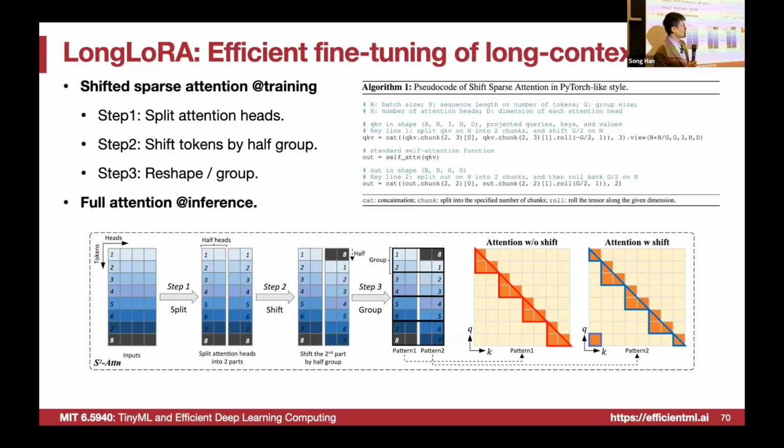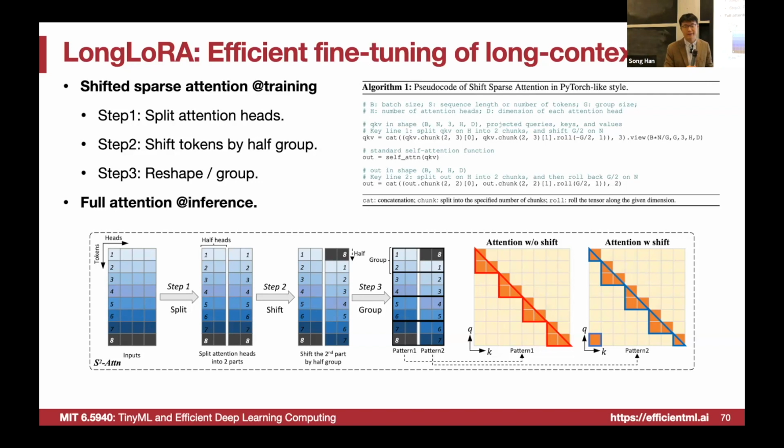Last, we do the attention within each group. For the first split, we do attention within each group only, with no attention between groups. Similarly for the second, shifted part, we do attention within each group.